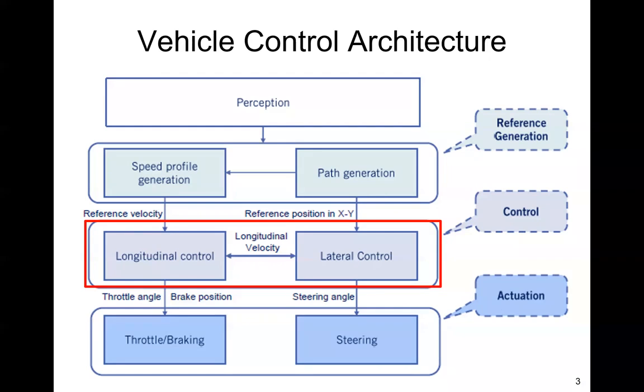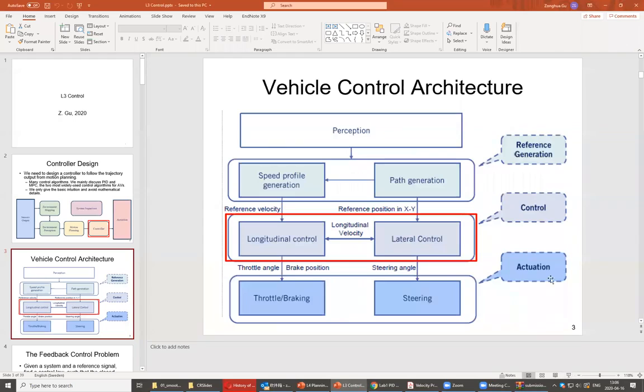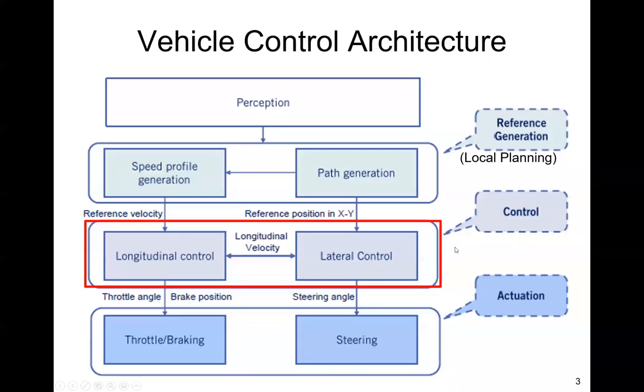Mission planning and behavior planning are not shown here, so I should say that. Local planning step. And then the planner provides reference positions, that's a path, and reference velocity, speed along the path.